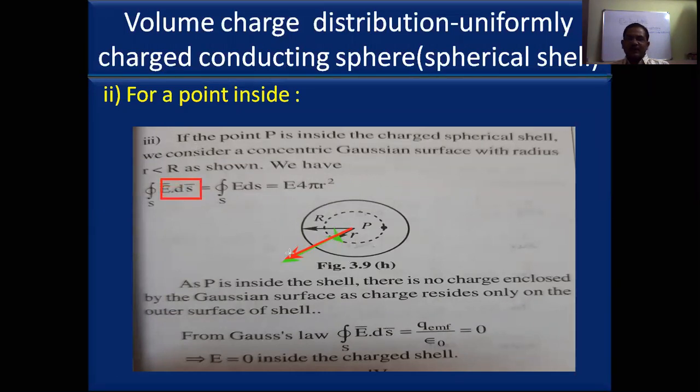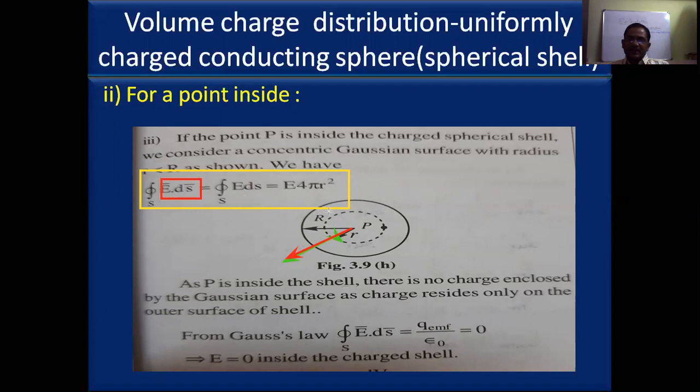But we have to calculate the total flux through this entire inner spherical surface. That is, we have to find the surface integral of E bar dot ds bar, which equals the surface integral of E ds cos 0, because here E bar and ds bar are in the same direction, theta is 0, cos 0 is 1.